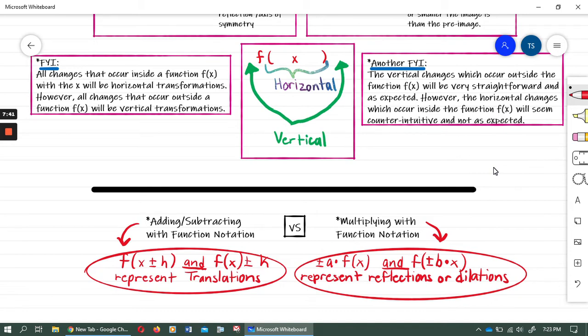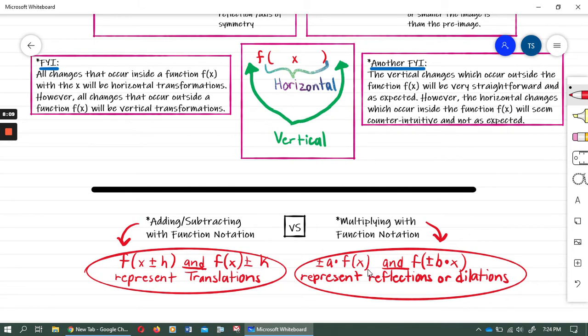In this lesson, we're going to take a closer look at these notations on the right side, where we're multiplying with function notation. What you see written is just a general form for how that can look.